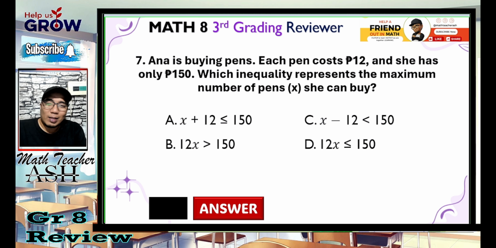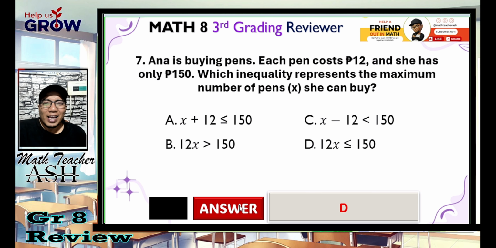So therefore, this is talking about equal or less than. The correct answer for this question would be 12x is less than or equal to 150, and that is letter D. Let's check whether we are correct.